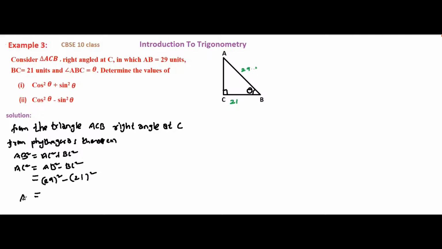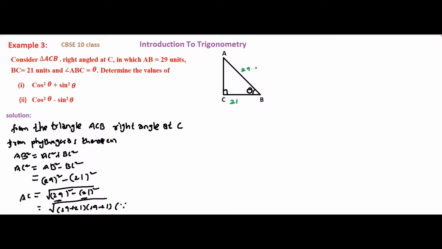Removing the square, AC equals under root 29 square minus 21 square. This is in the form of a square minus b square, so we can write it as a plus b into a minus b, that is 29 plus 21 into 29 minus 21.